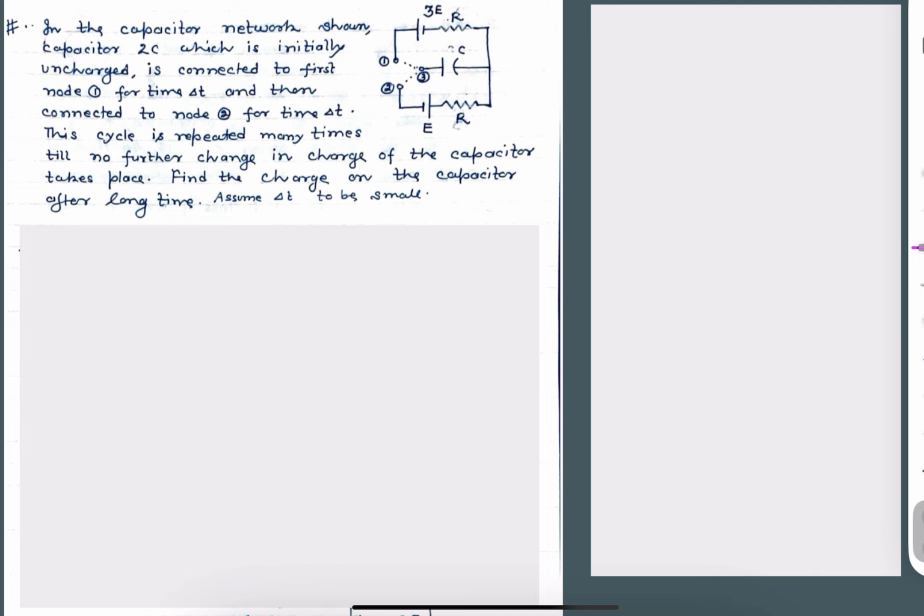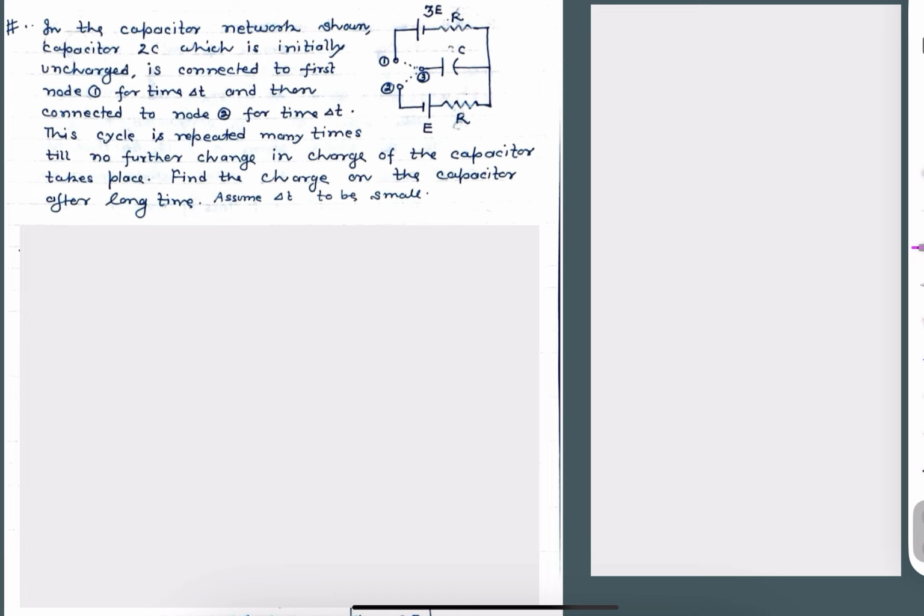So let us understand the basic concept of this question. I think after a long time, if there is no change in this charge after this cycle, then we can say that after a long time, if I connect these 2 points for a time delta t, then whatever charge comes here, the same charge will go out from here when we connect 3 and 2 for time delta t, right?